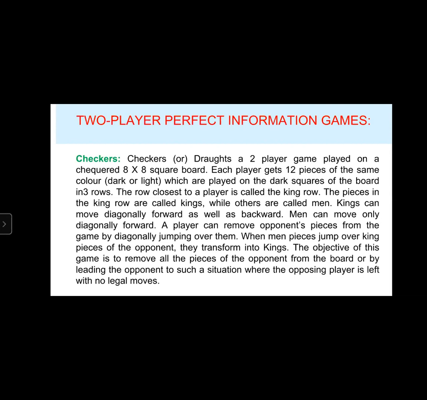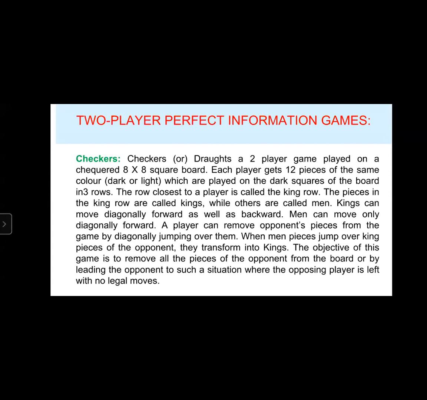Here, the row closest to a player is called the king row. The pieces in the king row are called kings, while others are called men. Kings can move diagonally forward as well as backward. Men can move only diagonally forward.